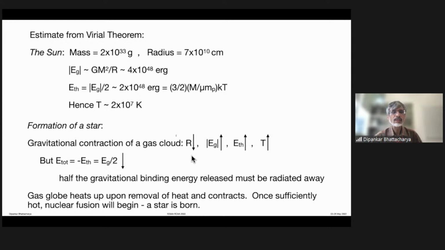So what do we have here? We have, at a starting point, a large diffuse gas cloud, which is contracting because of its own gravity. As it contracts, it releases gravitational potential energy. Half of that energy goes into further heating up the interior, and half of it is released as radiation to the surroundings.